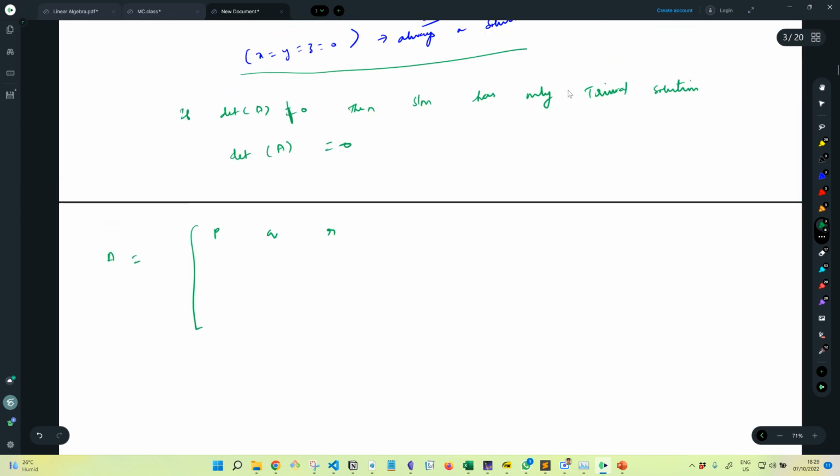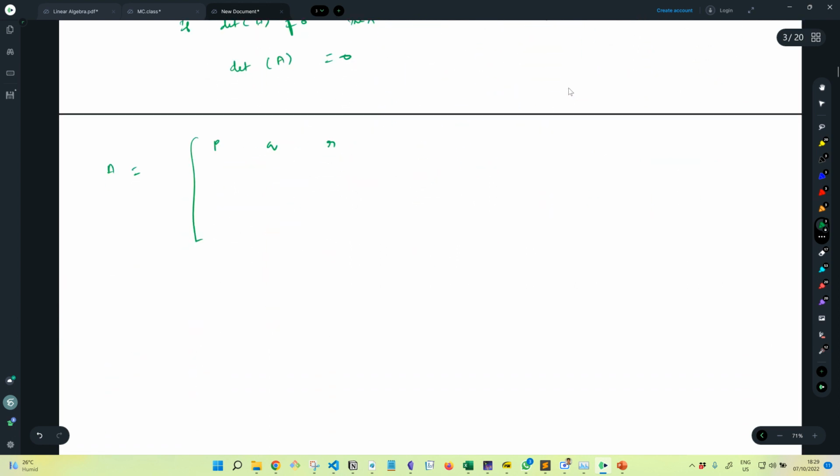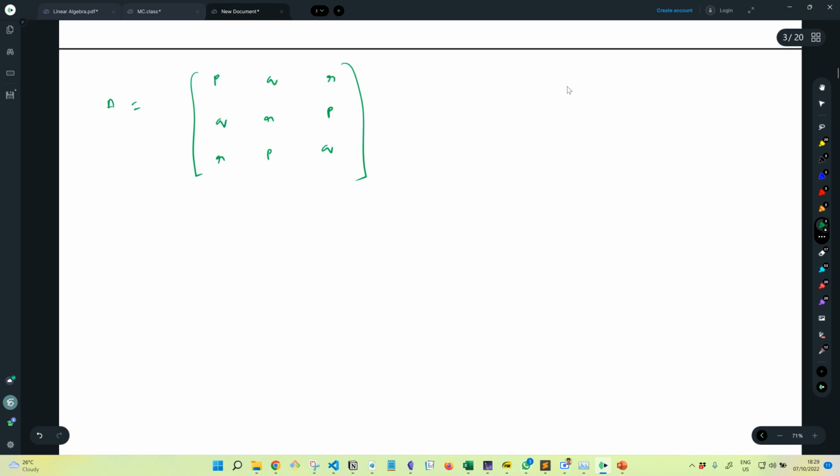Now let me form the determinant A. You know how to form the determinant A, right? You put the coefficients here: p, q, r; q, r, p; r, p, q. Now if you find the determinant of this matrix, determinant of A will be equal to p into... I don't know what you call it.